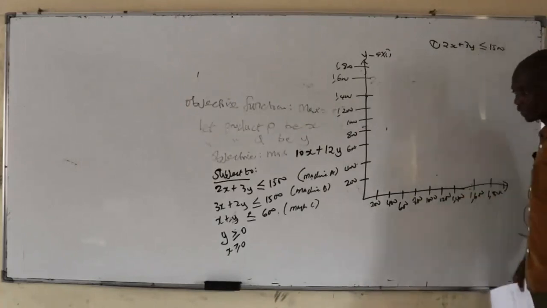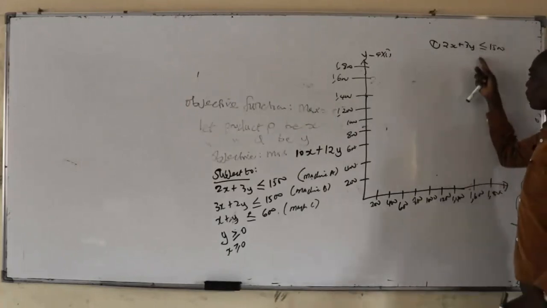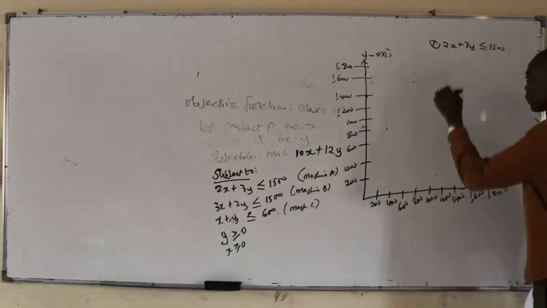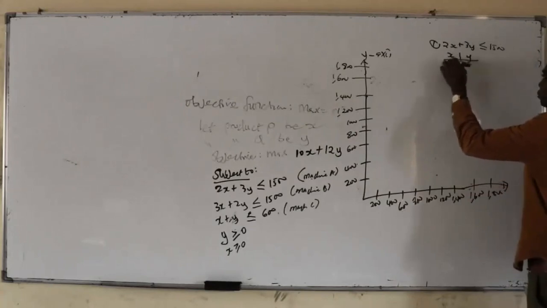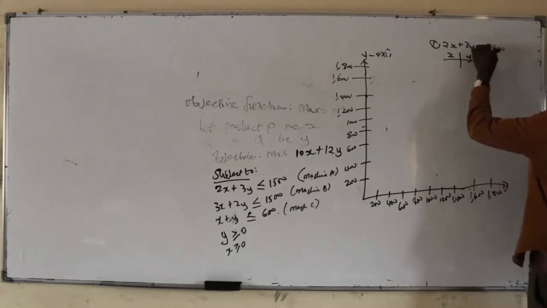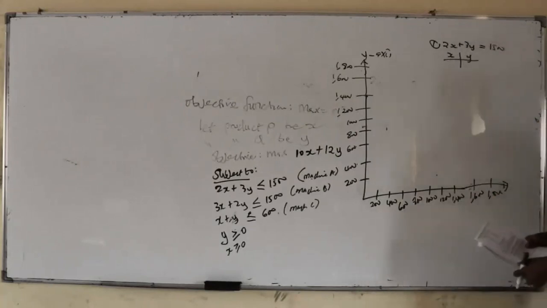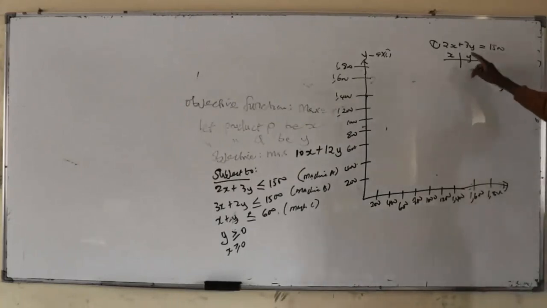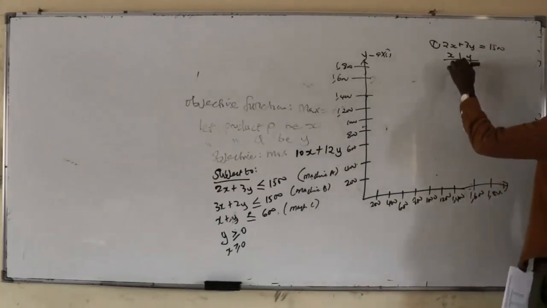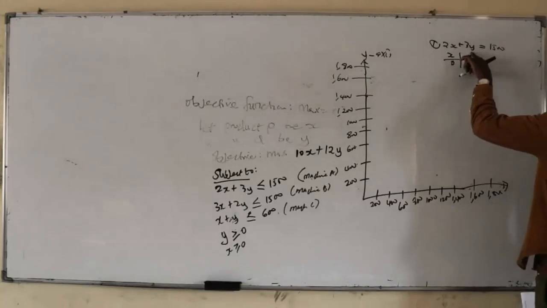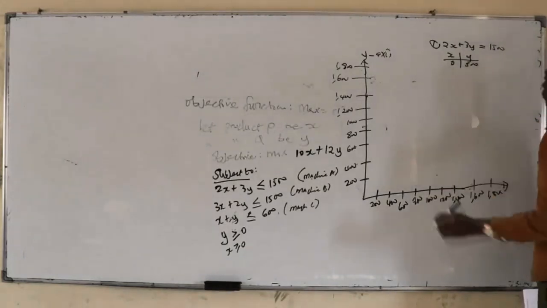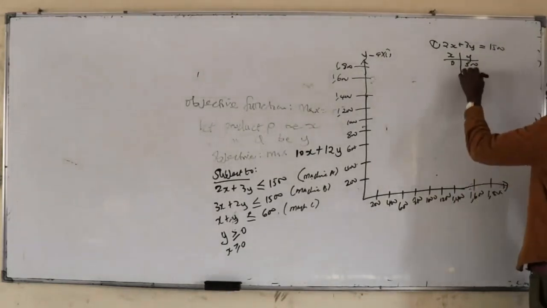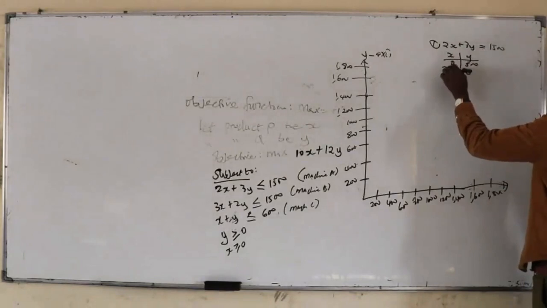So you assume it is an equality for purposes of determining x and y. Suppose this is that, then if x is 0, what will y be? y should simply be 1,500 divided by 3, and that gives you 500. What about if y is 0? Then automatically x is 750.